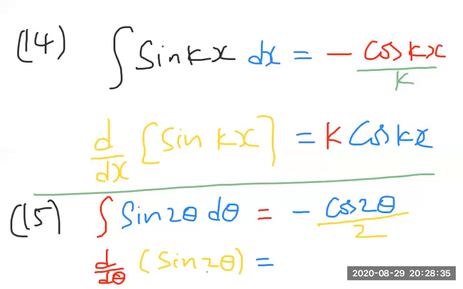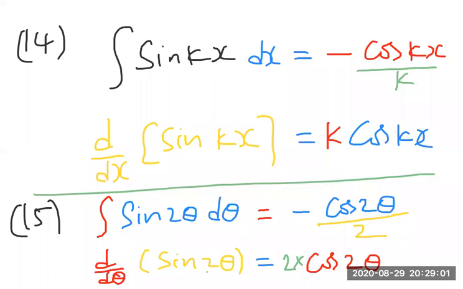Carefully observe, sine kx means cos kx. So the differentiation of sine 2 theta is cos 2 theta, and whatever the internal constant, the 2, you have to multiply here: 2 into cos 2 theta. Just remember like that.